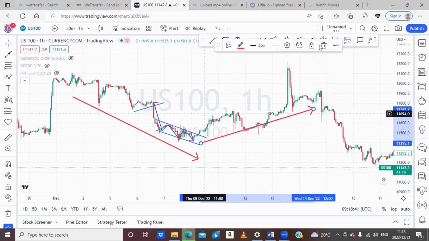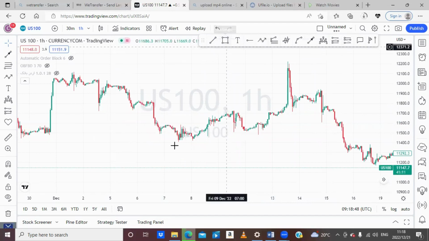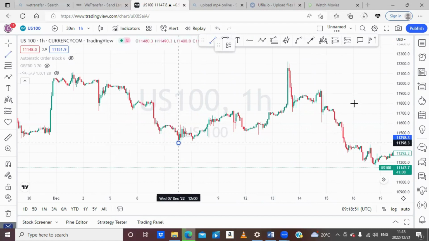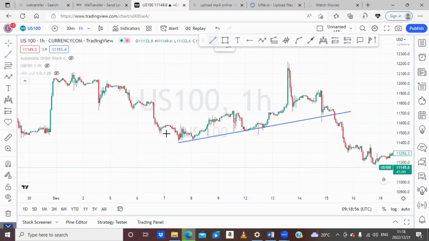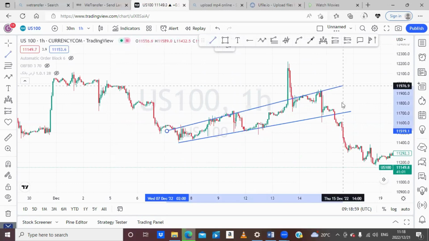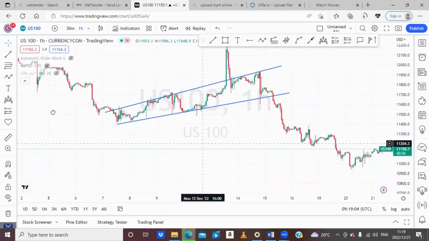Understand? But if you look at it on a bigger scale, you realize that the buyers are responsible for also another reversal, continuation flag. See, still continue down.